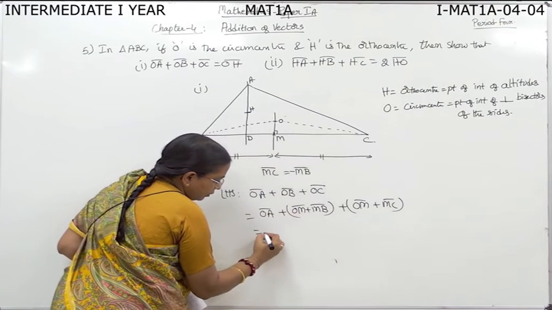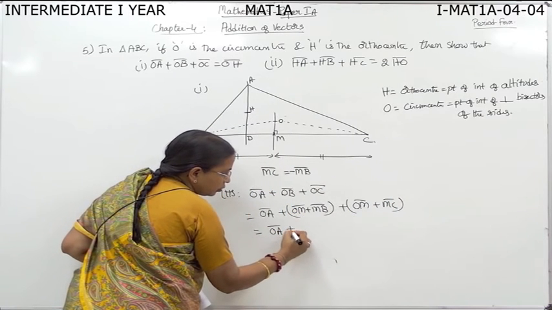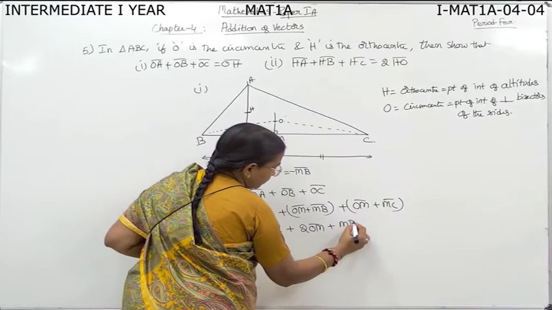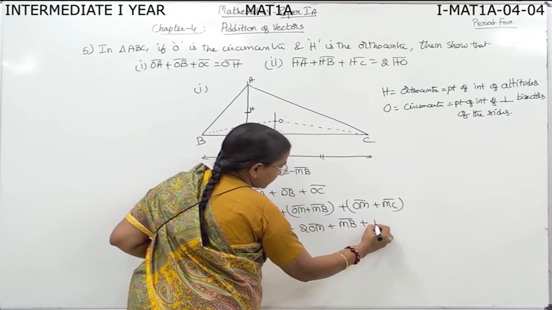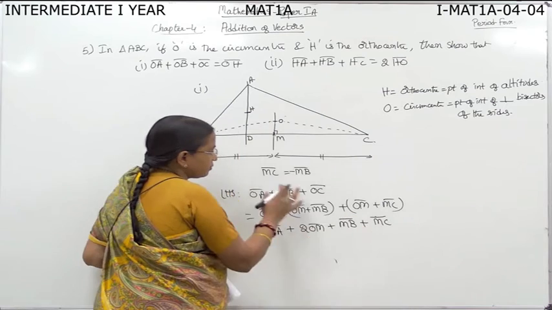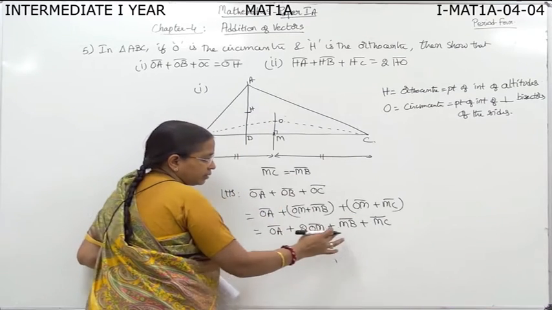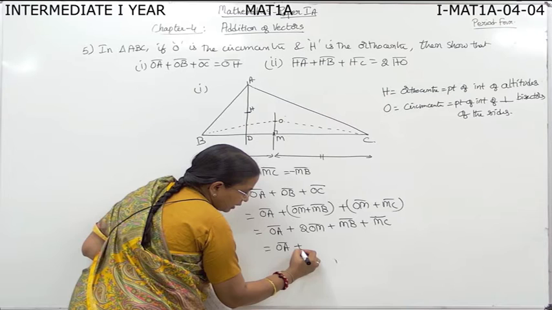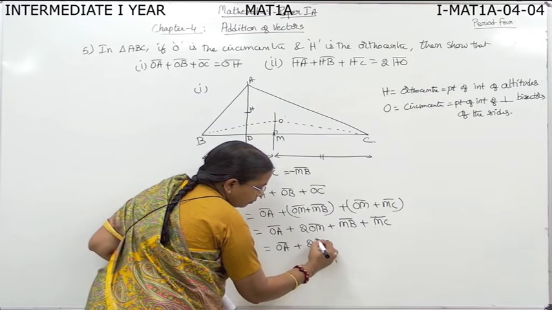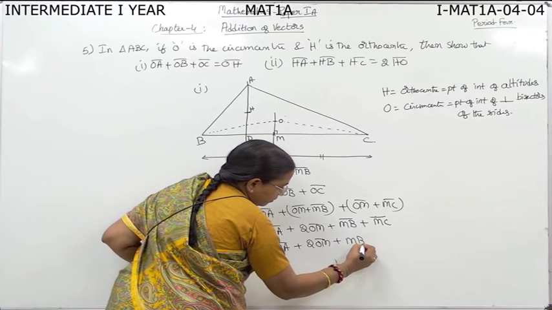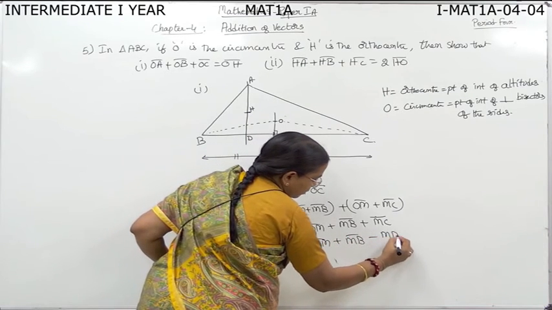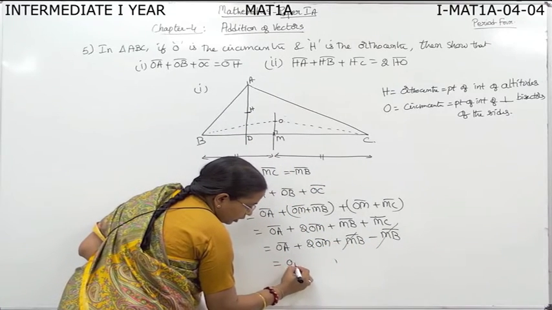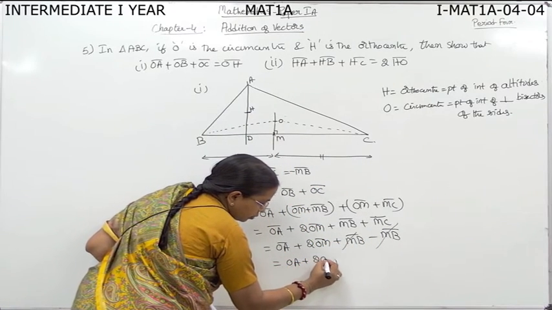So you are getting OA plus 2 times OM plus MB plus MC. But what is MC? MC is minus MB. So we'll write MC as minus MB. So that will get cancelled. So 2 OM plus MB minus MB. So these two will get cancelled and we will get OA plus 2 times OM.